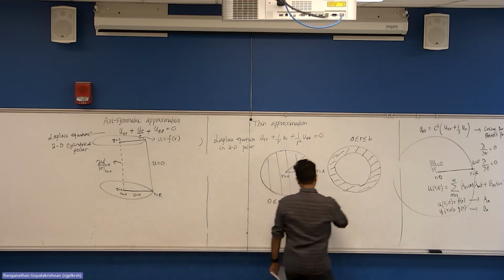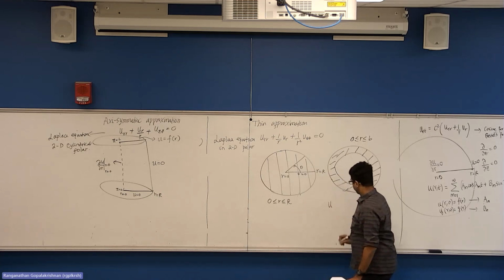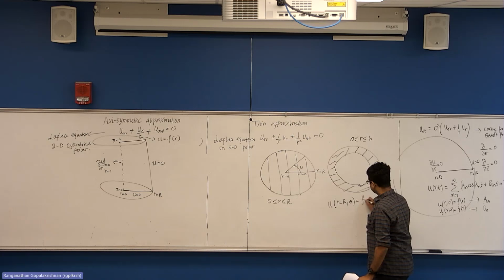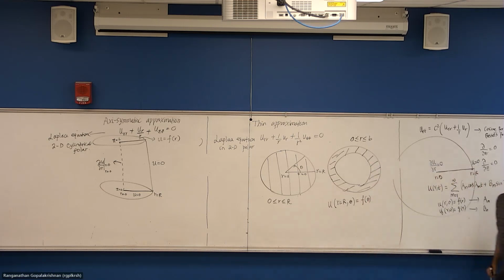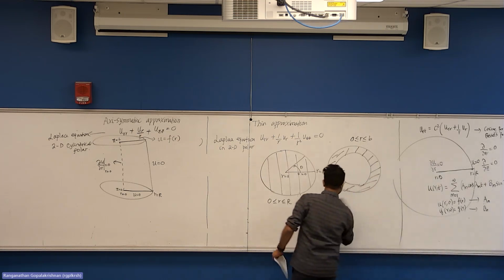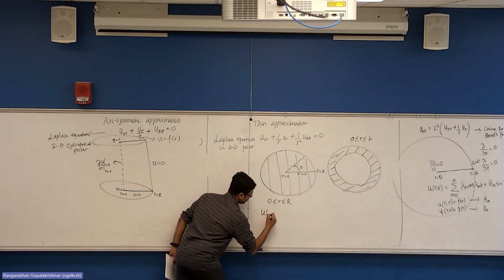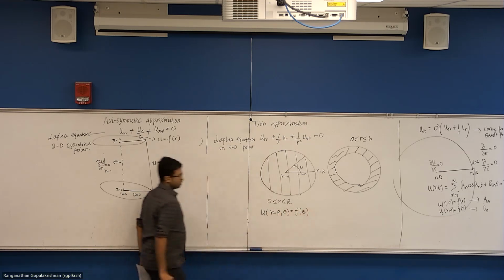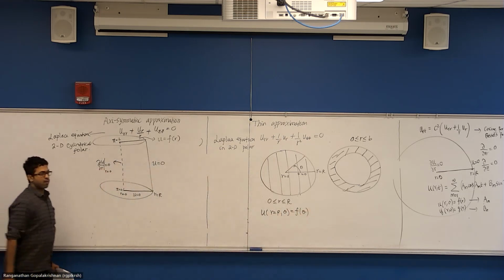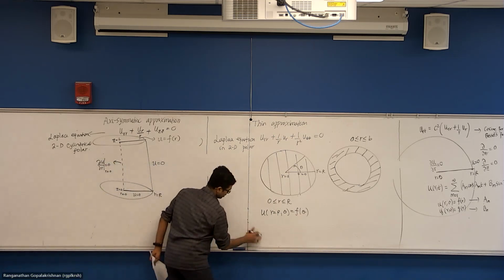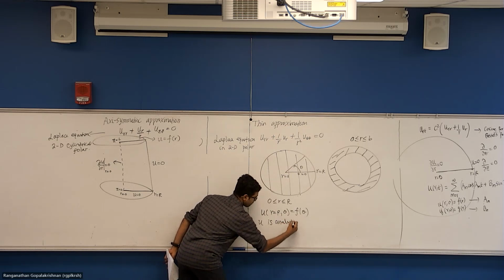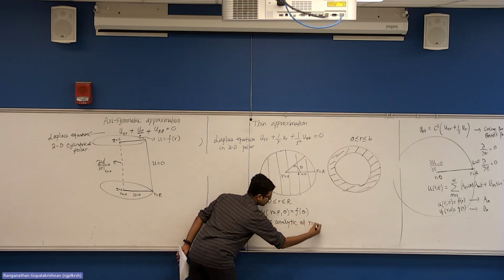So you can write u at r equal to R, comma theta, is f of theta. You can also write u is analytic at r equal to 0.